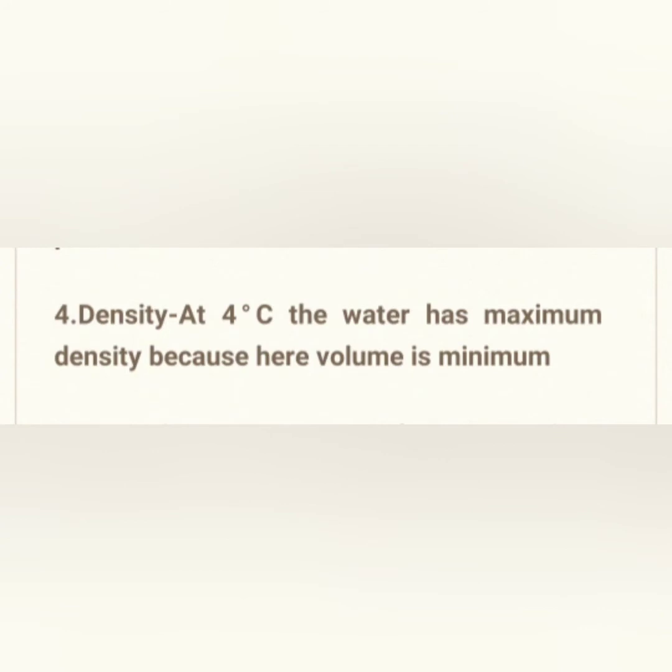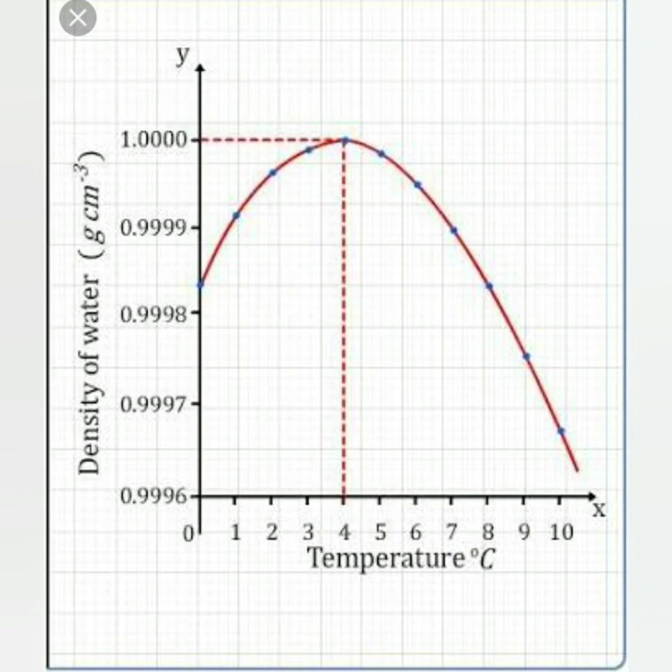At 4 degrees Celsius, the water has maximum density because here the volume is minimum. Look at the graph. Here the temperature is 10 degrees Celsius, then the density is less. Similarly, when the temperature is 7 degrees Celsius, the density is greater than at 10 degrees Celsius.